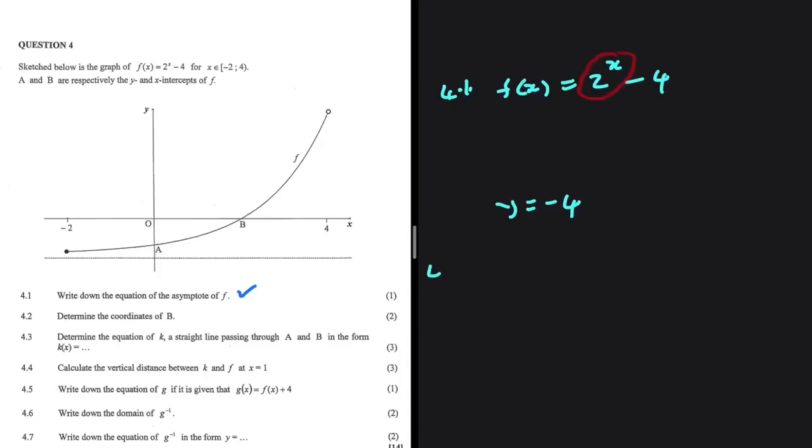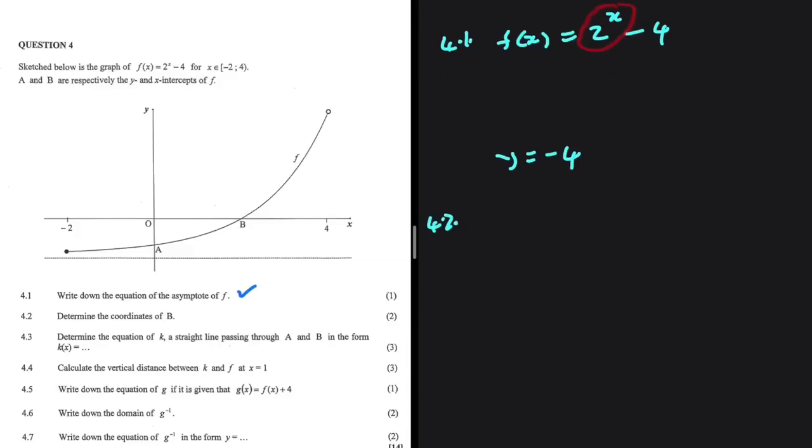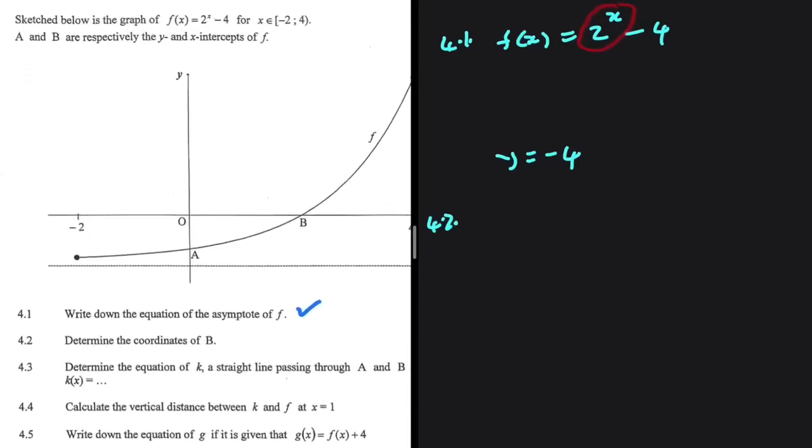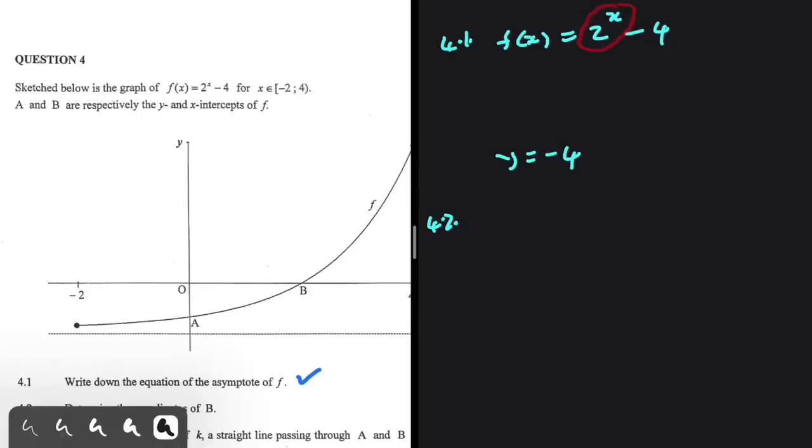4.2. That is where the idea of a limit actually comes in. Anyway, let's determine the coordinates of b. We're told that a and b are the y and x intercepts respectively. So a is the y-intercept, so x equals 0, and we have some y.